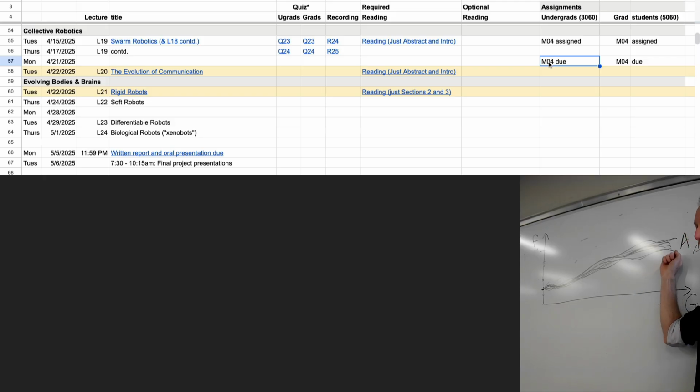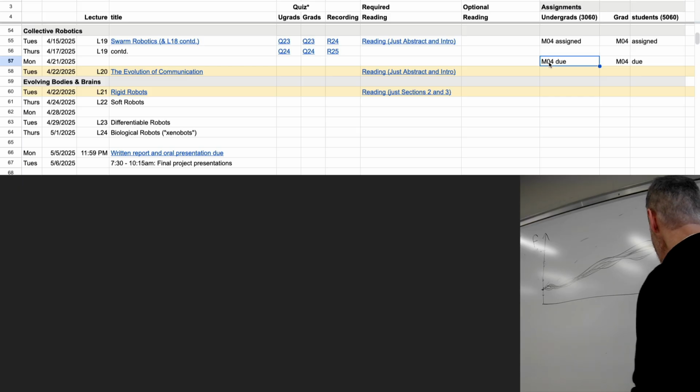If I have enough runs of both, I can reasonably defend the claim that it's equally easy for evolution to evolve brains for A as it is for B. So A is better than B, B is better than A, or there is no difference between them, perfectly fine.